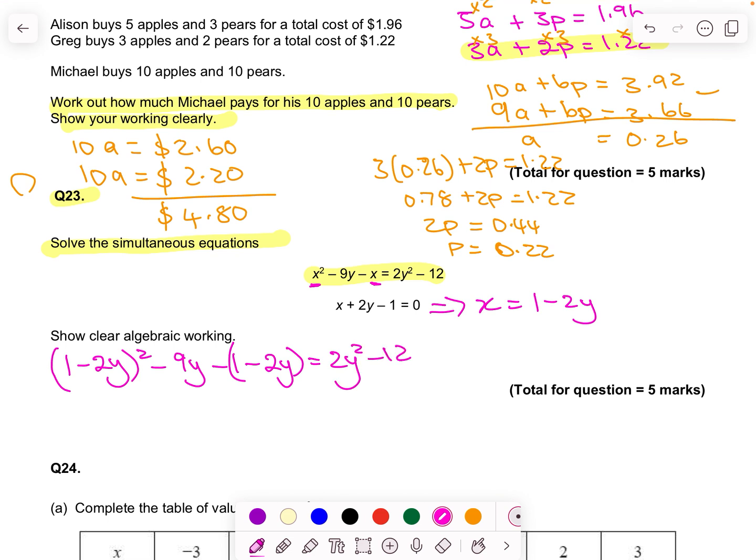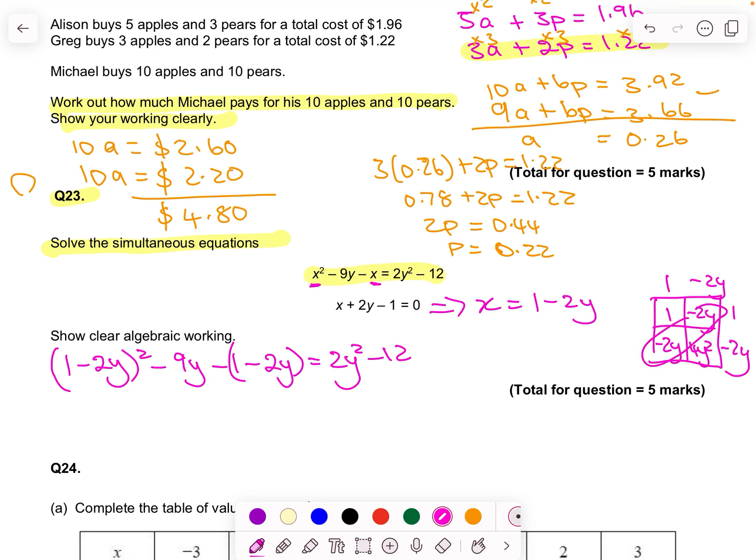Then we need to tidy up. We need to multiply out the brackets, expand all the brackets. Again, draw the grid just to make sure that you get all the terms. So 1 minus 2y multiplied by another 1 minus 2y. When we fill it in, we get 1 minus 2y here, minus 2y, and positive 4y squared. Gather like terms.